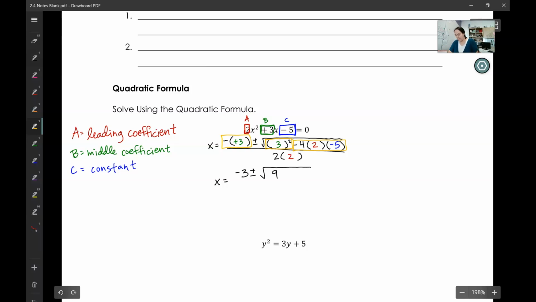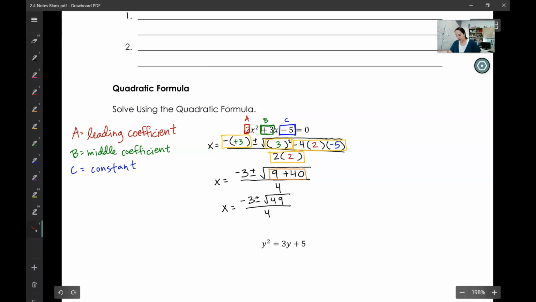So negative 4 times 2 times negative 5 should give you a positive 40. All over, then simplify the bottom. 2 times 2 is 4. Next, I would just simplify the numbers inside my root. So negative 3 plus or minus square root of 9 plus 40, which is 49, all over 4.